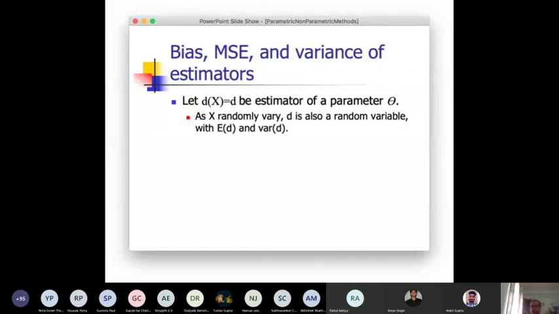So we would like to see what the expectation of your estimator is. You have derived a certain estimation expression or method, and now what is the expected value from that? That is what we would like to see.